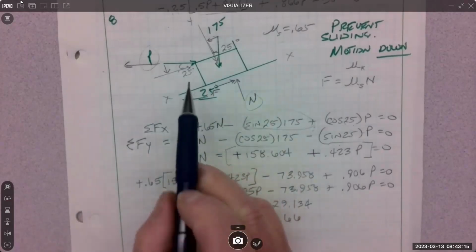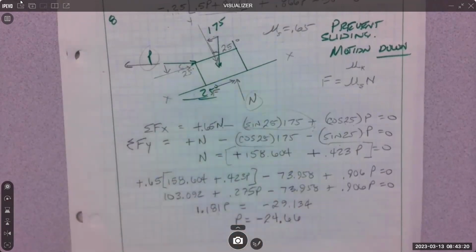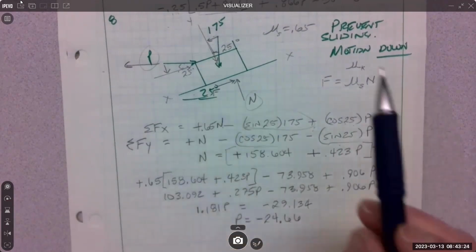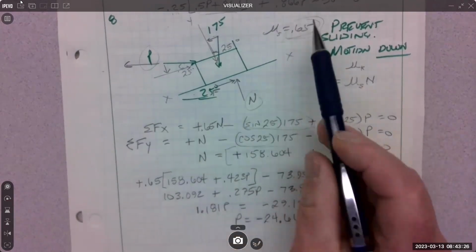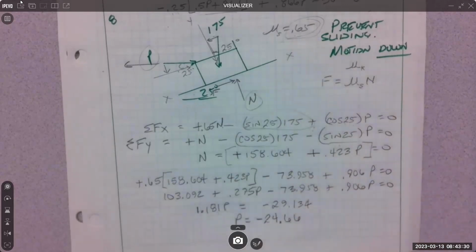The assumption was push because that's the arrow we started with, but that's not true. It's not much slope, 25 degrees, and it's got a lot of friction, 0.65. So to get to impending motion, we literally have to pull it down the hill, 24.66. To get it to move, anything more than 24.66.